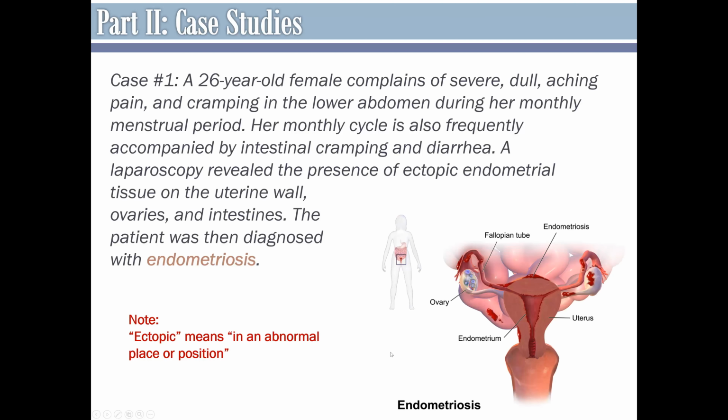And so, in fact, with endometriosis, you actually have endometrial tissue that can grow outside of the uterus. So it can grow on the outside of the uterus, outside of the uterine tubes. It can grow in the ovaries. It can grow on ligaments. It can grow on the intestines and other places within the abdominal pelvic cavity.